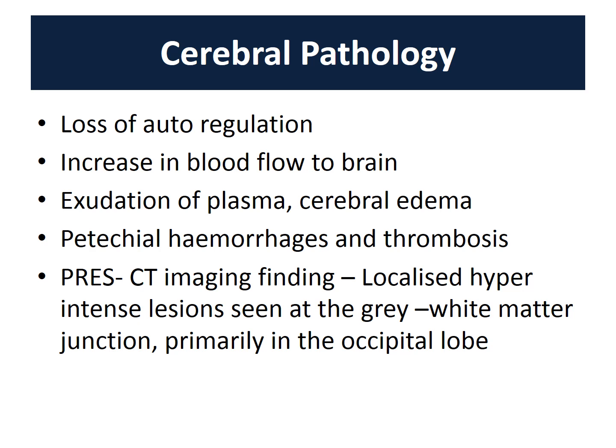But when the BP suddenly shoots up and overcomes the threshold, the property of autoregulation is lost. This will lead to increase in the blood flow to the brain. There will be exudation of plasma resulting in cerebral edema. There will be petechial hemorrhages and thrombosis.